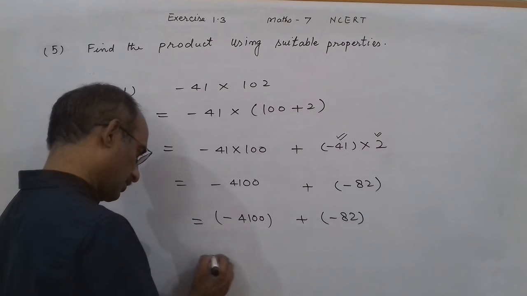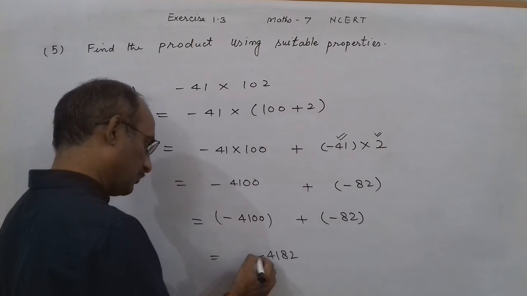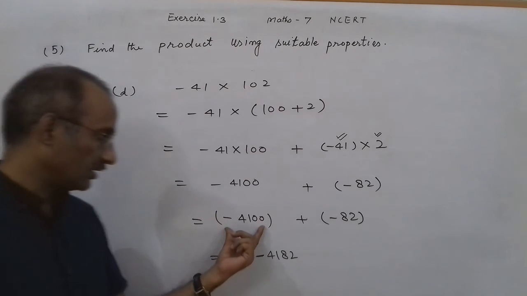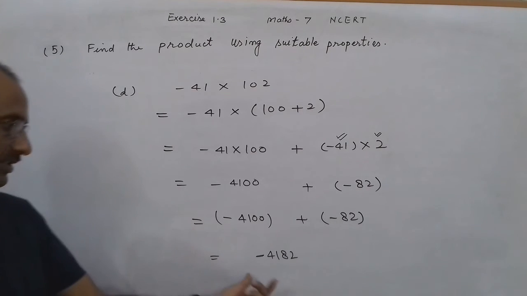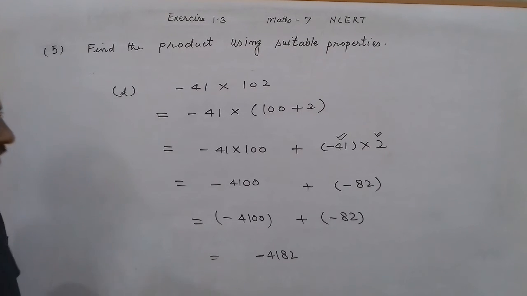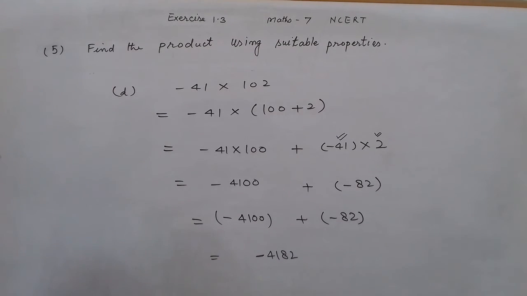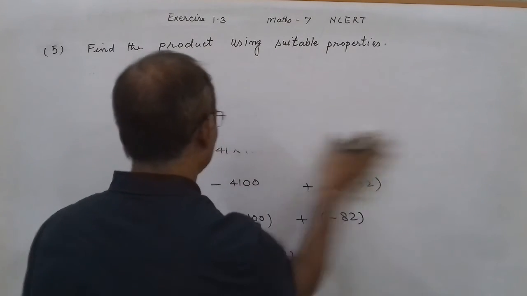So our sum is 4182 and put a minus sign here because we add two negative integers. So our answer is negative 4182. This is our answer. Now come to the question E.